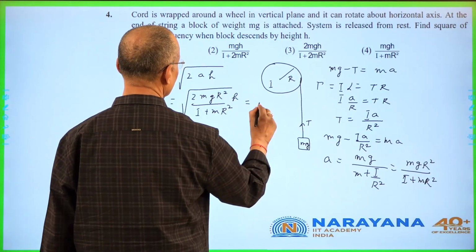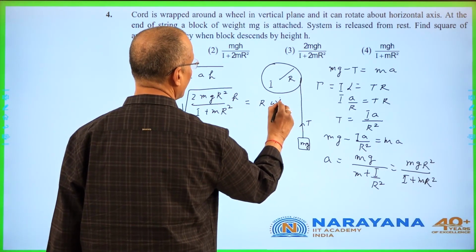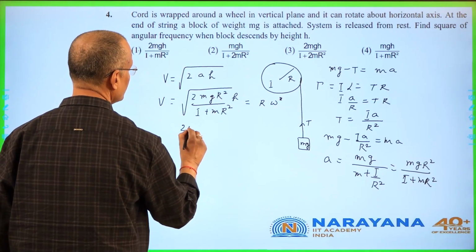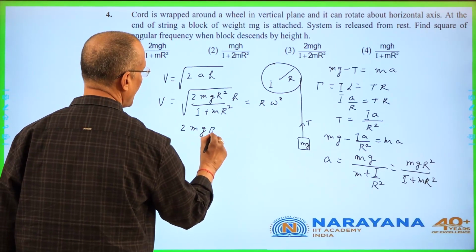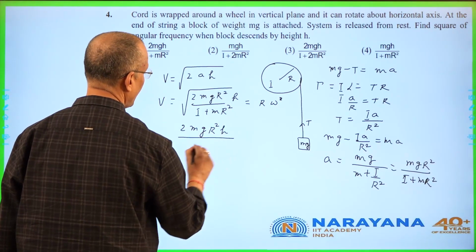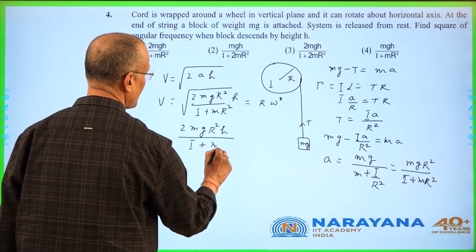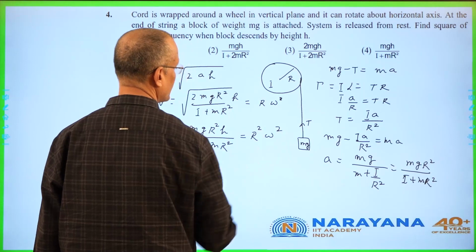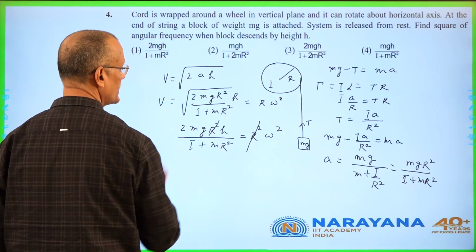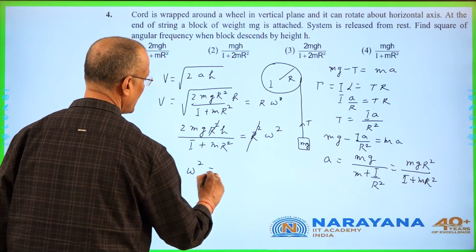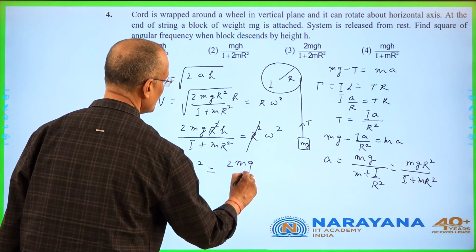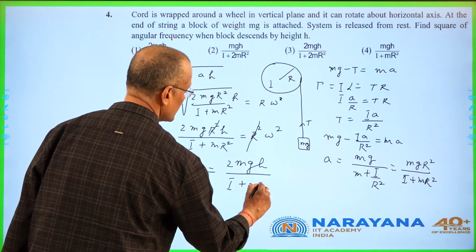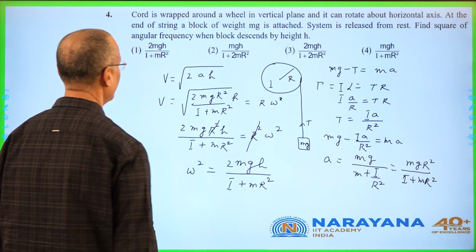This will be equal to R omega. Now you want omega squared. So V squared means 2 mg R squared h by I plus mr squared. This will become R squared omega squared. R squared is cancelled. Omega squared is 2 mg h by I plus mr squared.